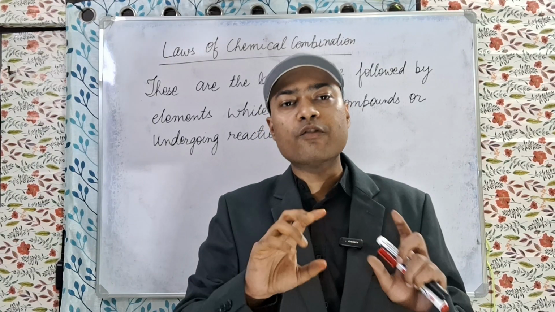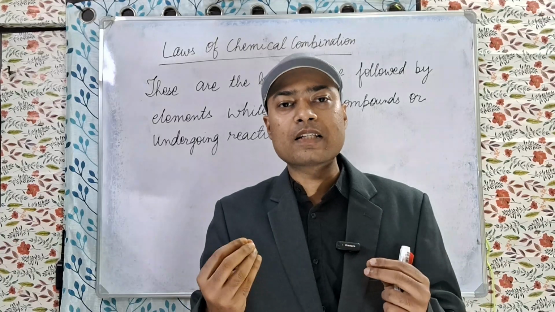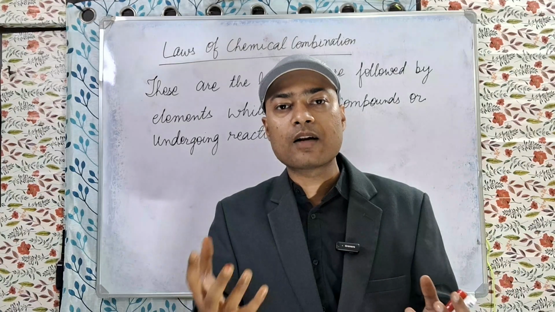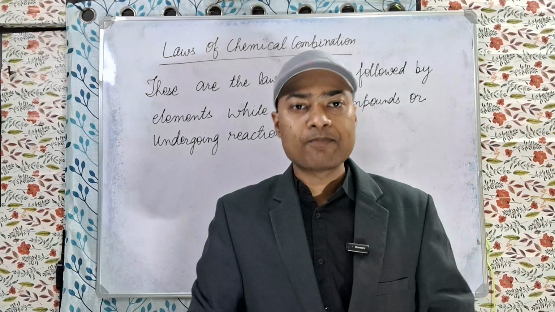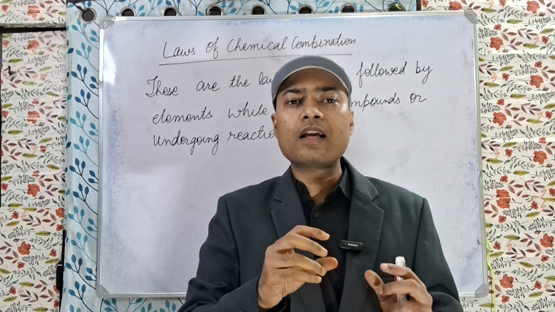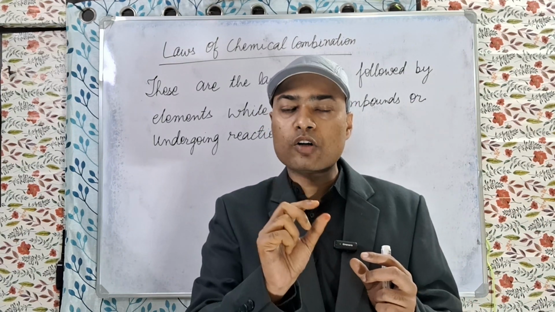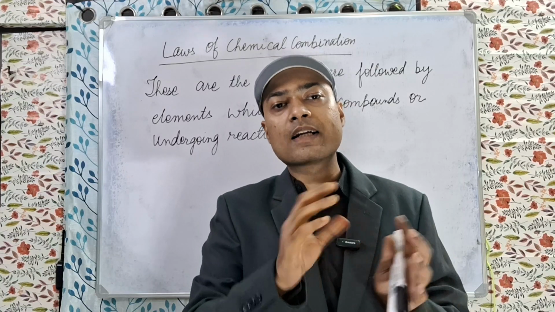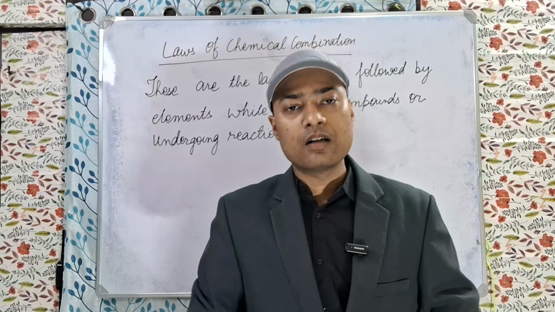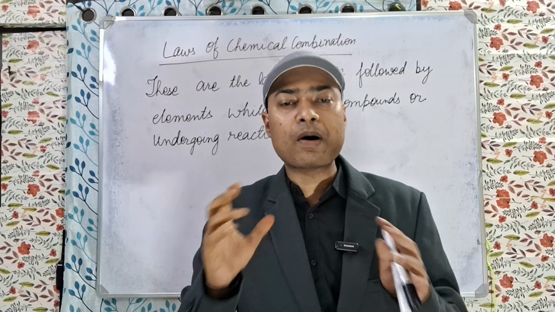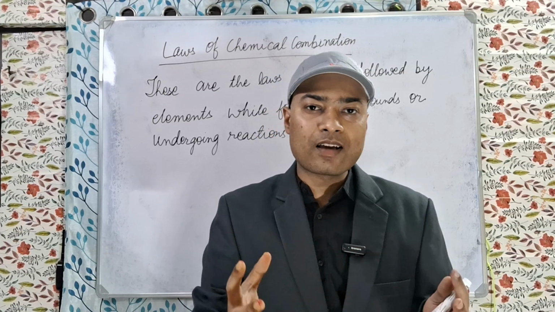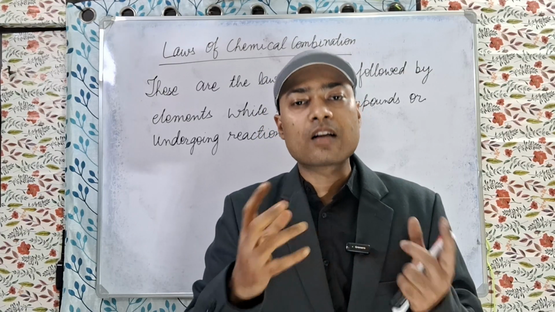Okay, so this is very philosophical. It simply says that during a chemical reaction, neither new matter can be created nor can it be destroyed, or particularly it is talking about the atoms. But to use it in numericals we need to interpret it.